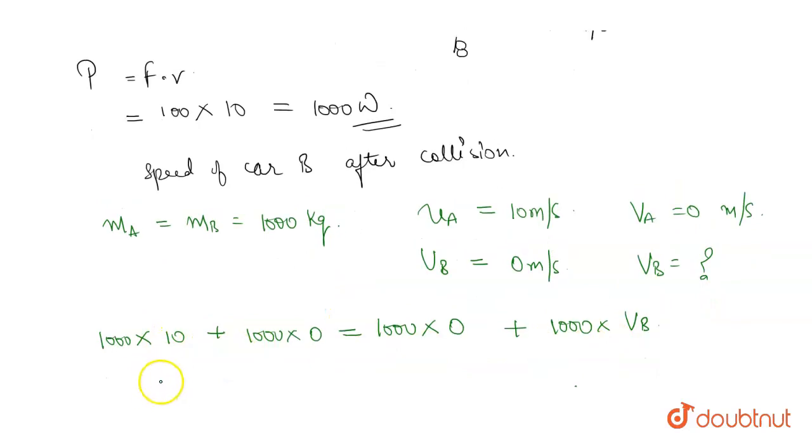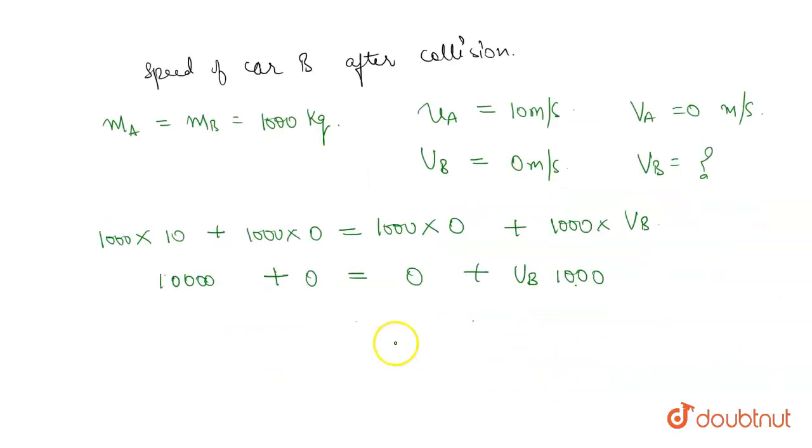This will give me 10,000 plus 0 is equal to 0 plus v_b into 1000. This will give me v_b is equal to 10 meter per second.